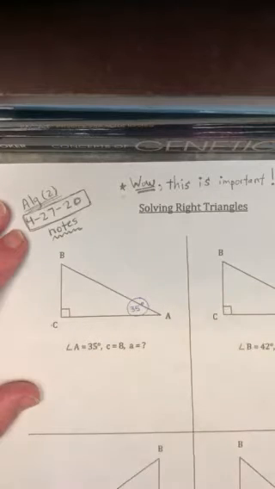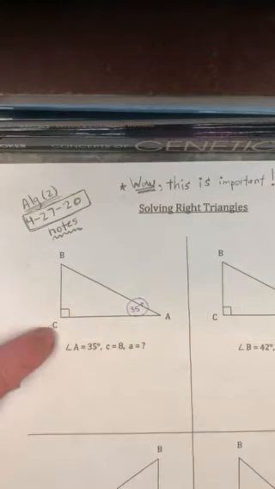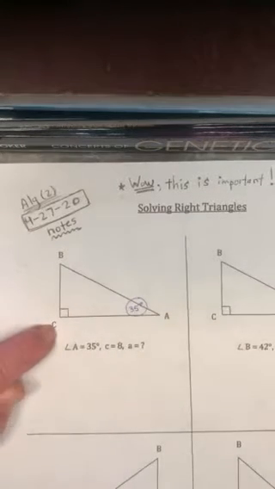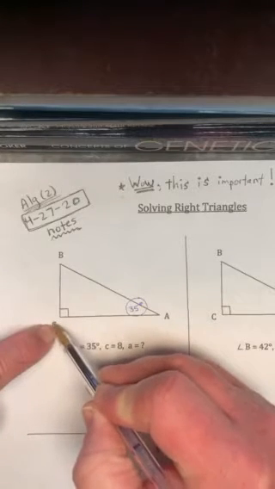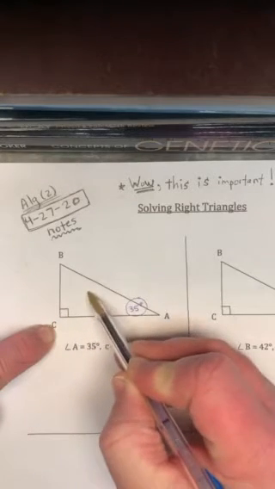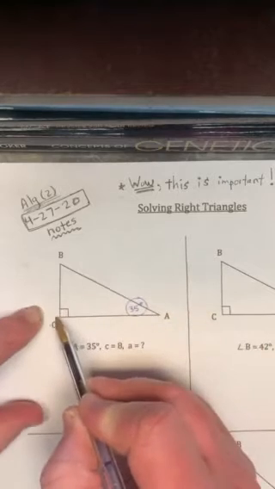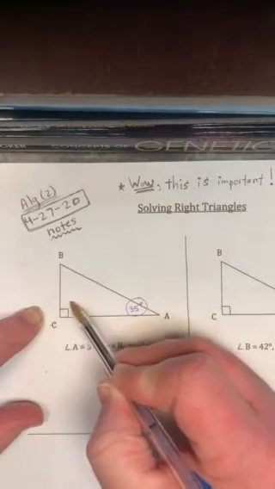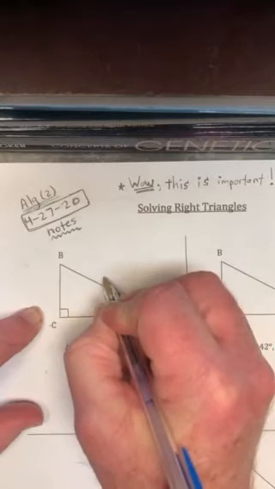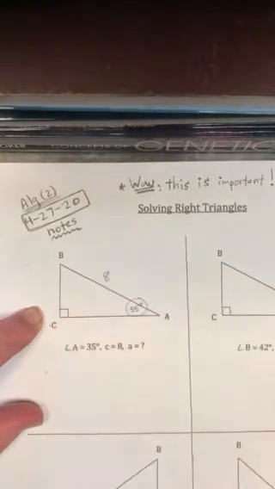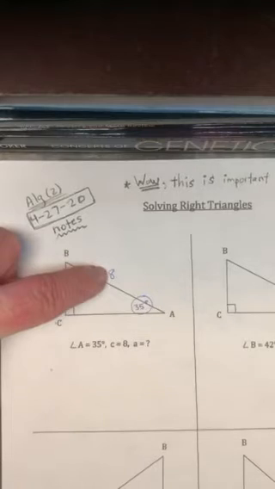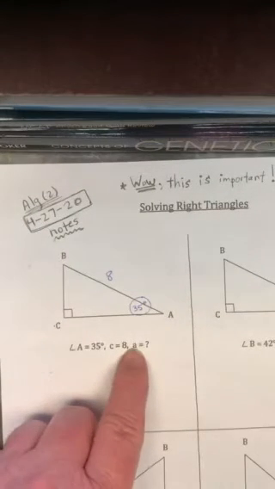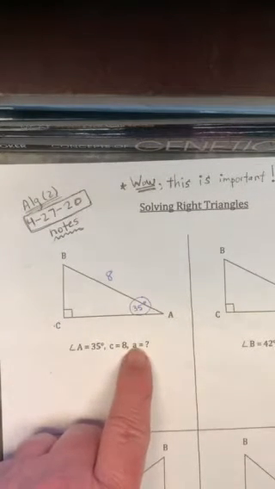Okay, what's our rule? If this is angle C in the corner, side C is always the side that's across from that capital letter. So if this is capital C, little c is across from him, and this side here is 8. So side C is 8, and side A, which of course is located where?